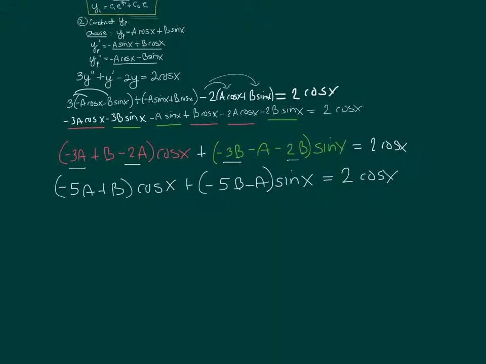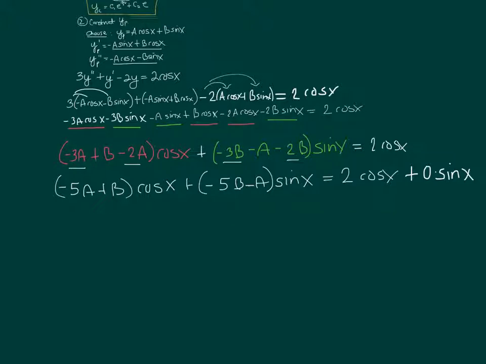So now again, we want to equate the coefficients on each side. Notice on the right hand side of our equation we only have cosine x. We don't have a sine of x here. So technically, this is really plus 0 sine of x's, if that helps.